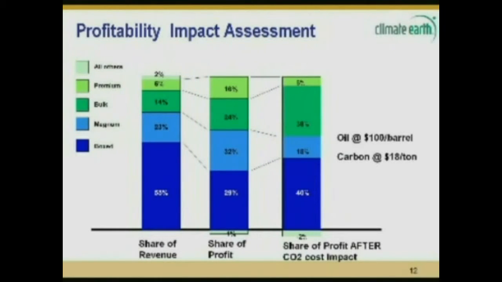Last of all, we can do forecasting of various changes. So if oil were to go to $100 a barrel and carbon at $18 a ton, we can do some scenario planning and suddenly see, for example, that the wine with 38% now is actually highly insulated, and we can identify where we might want to focus our reduction efforts.